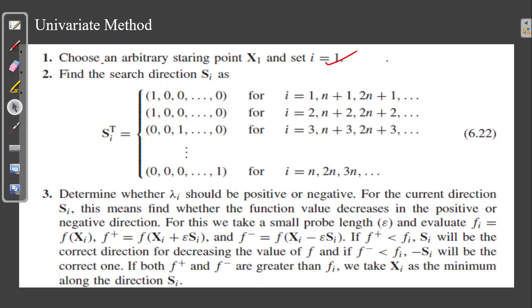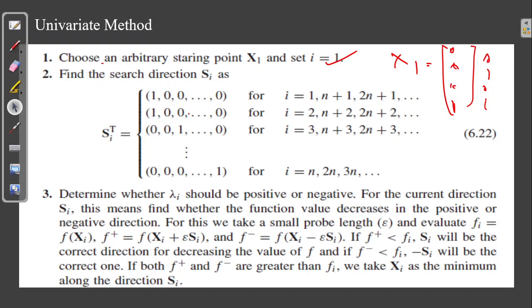The examiner may give a starting point, vector x1, like 0 0 0 0 or 0 1 0 1. Or if the examiner has not given one, then you have to assume that the arbitrary starting point is x1 equal to all zeros.